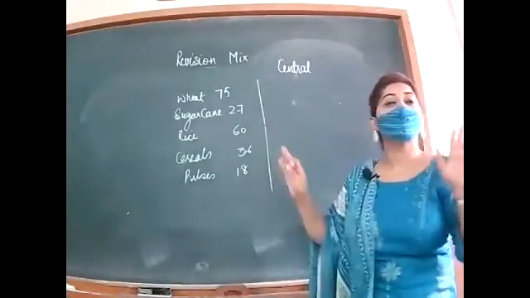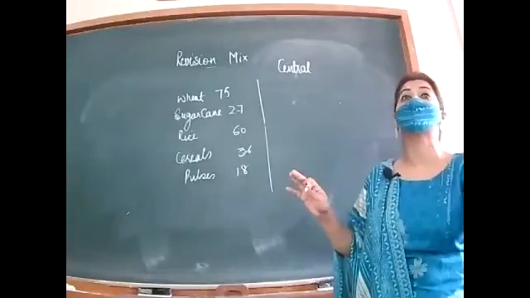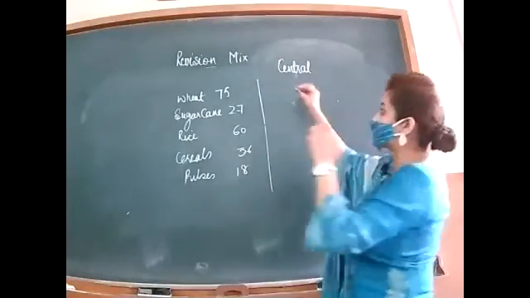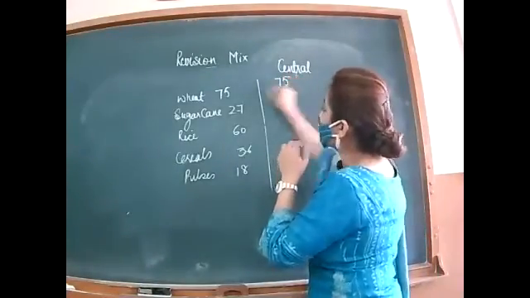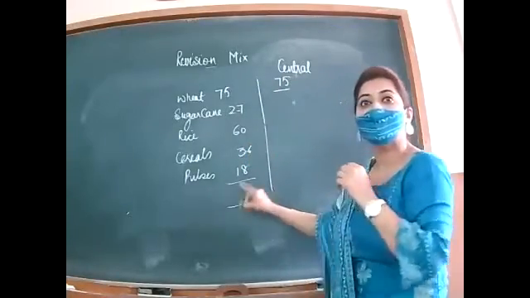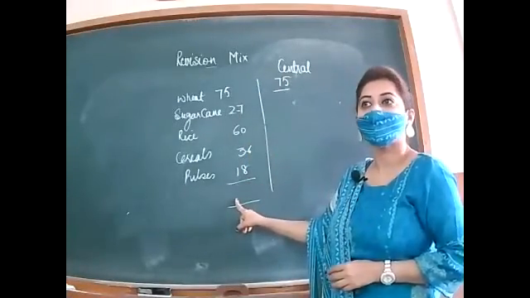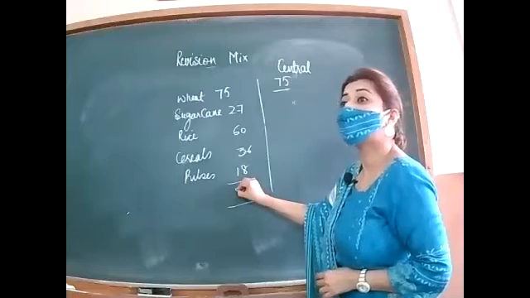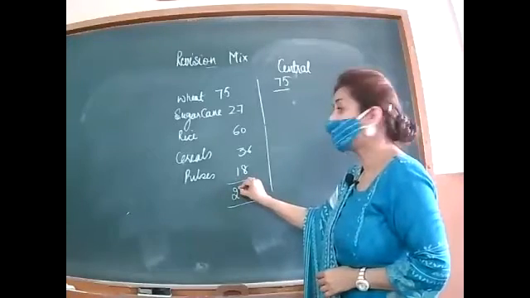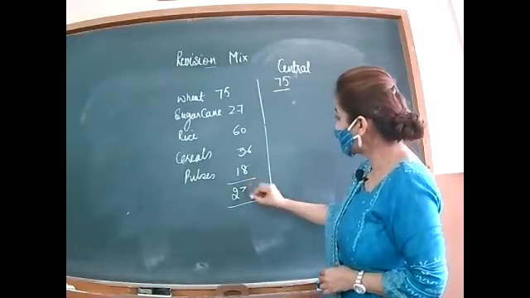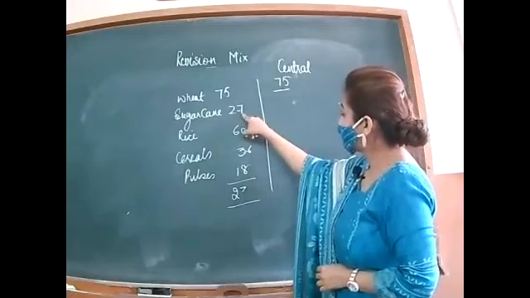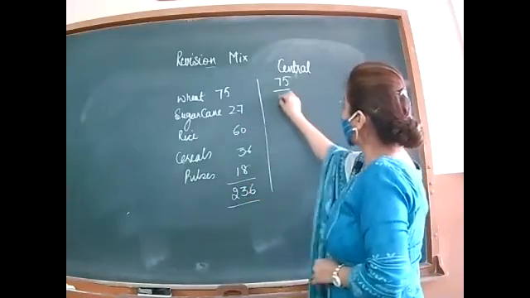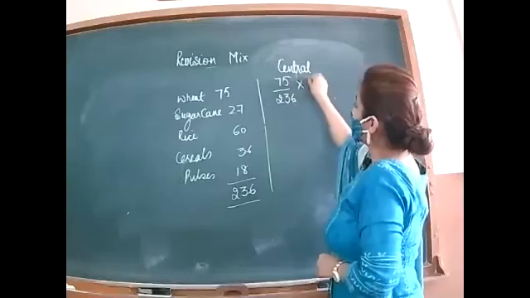Now here we want to add degree. Degree means total is 360. So 75 upon total of this, what's the total of this? 236. 75 upon 236 into 360.